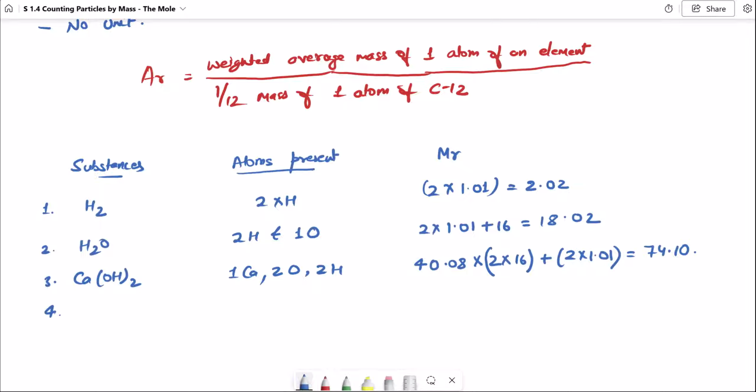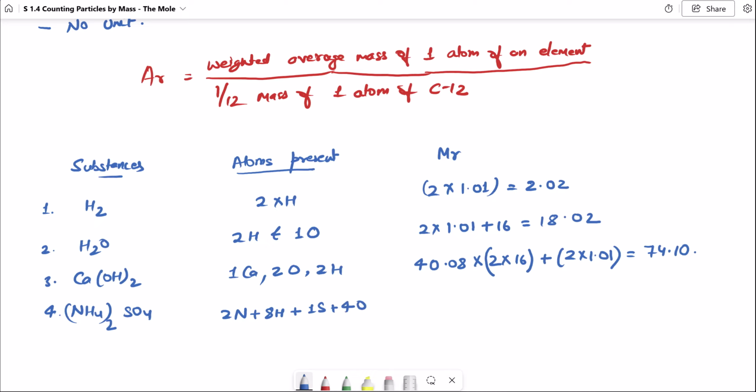Four, let's say if I am writing ammonium sulfate, (NH4)2SO4. How to do? So there are 2 nitrogen plus 8 hydrogen plus 1 sulfur plus 4 oxygen.